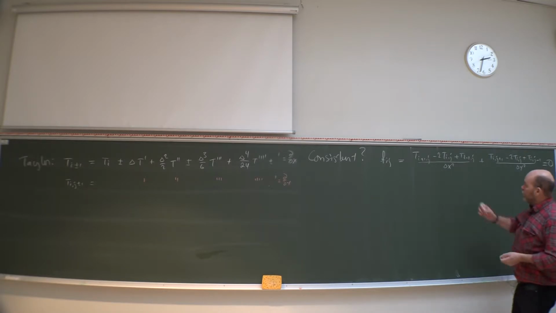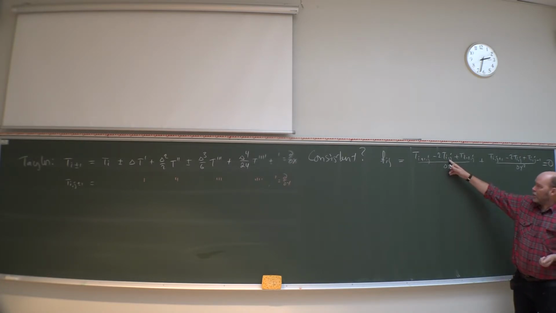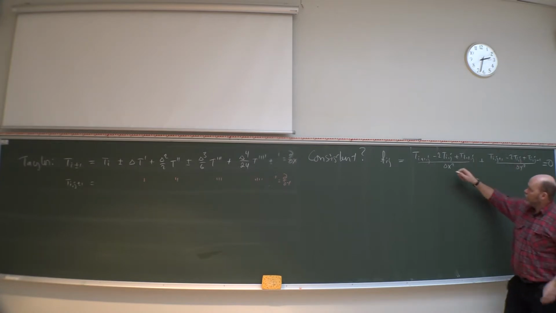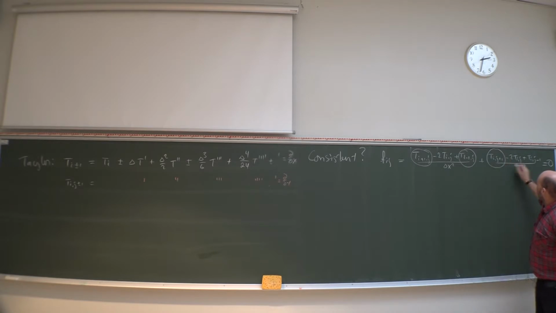Then you take your recipe, your numerical scheme, and insert the Taylor series, not for the center point where we have the focus, but for these 4 offsets here. Insert the entire Taylor series.